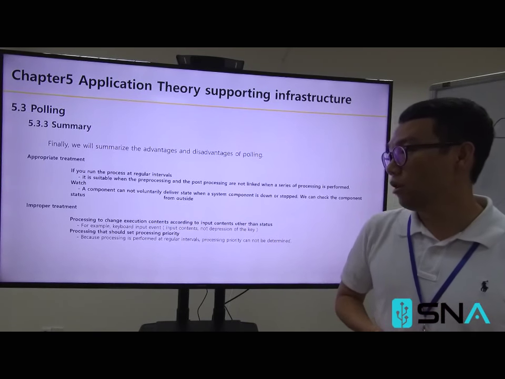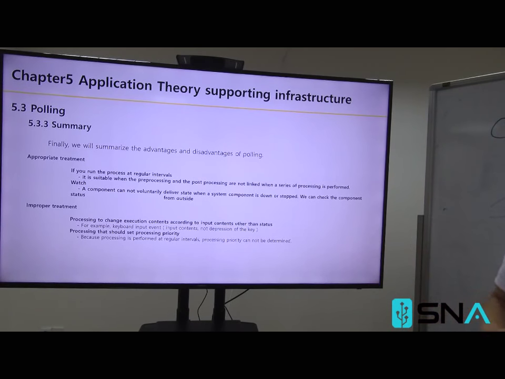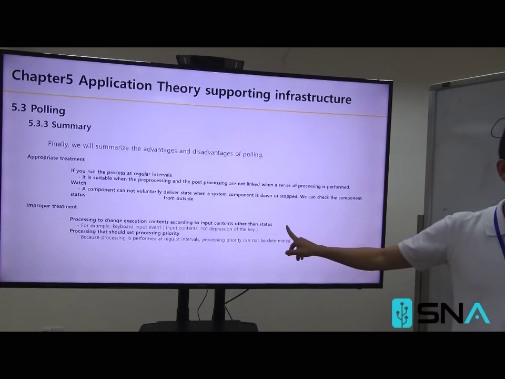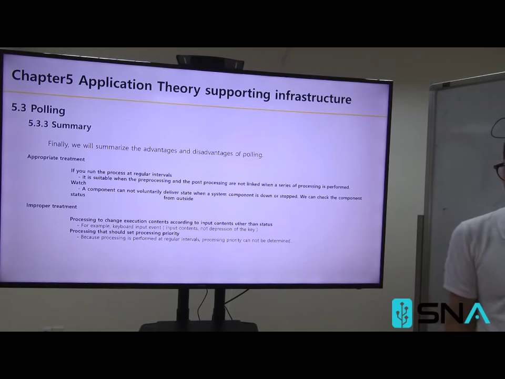Polling is improper for processing that changes execution content according to input content other than status. In this case, the proper choice is an interrupt. For example, a keyboard input event. So no one can know who already pressed this key.